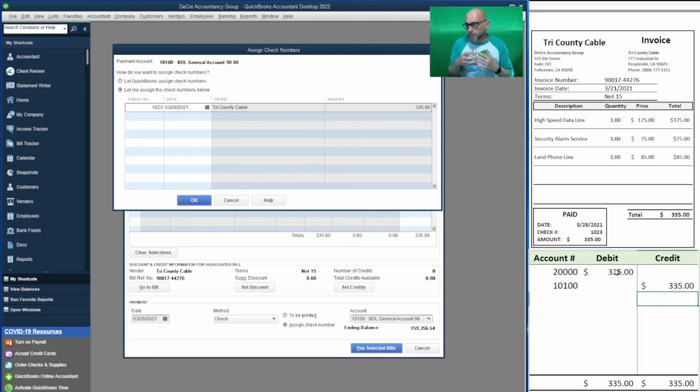So again, when we pay invoices that we previously entered, we do not impact expense. We do not impact asset accounts. All we're impacting is accounts payable and the source of funds. If we paid it with a credit card, we would essentially reduce one liability and increase another. In this case, we're paying it with our bank account, so we reduce liability and reduce our bank account balance.